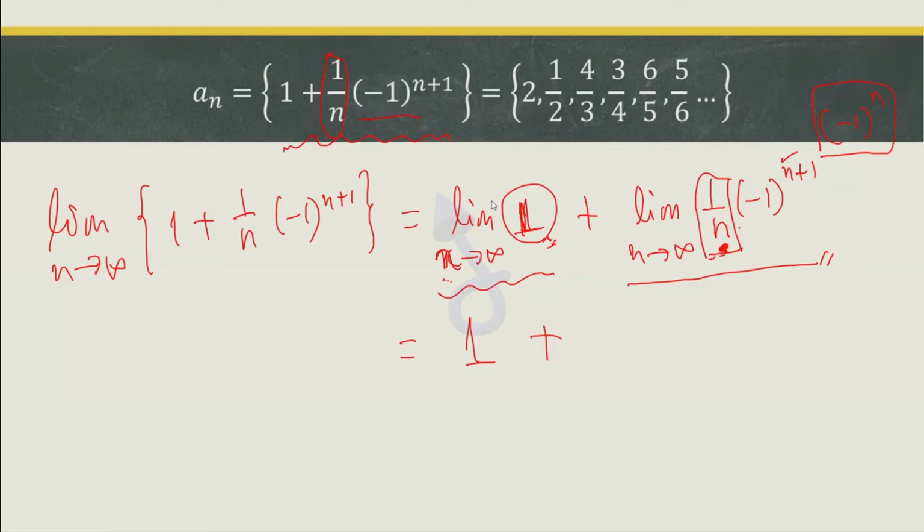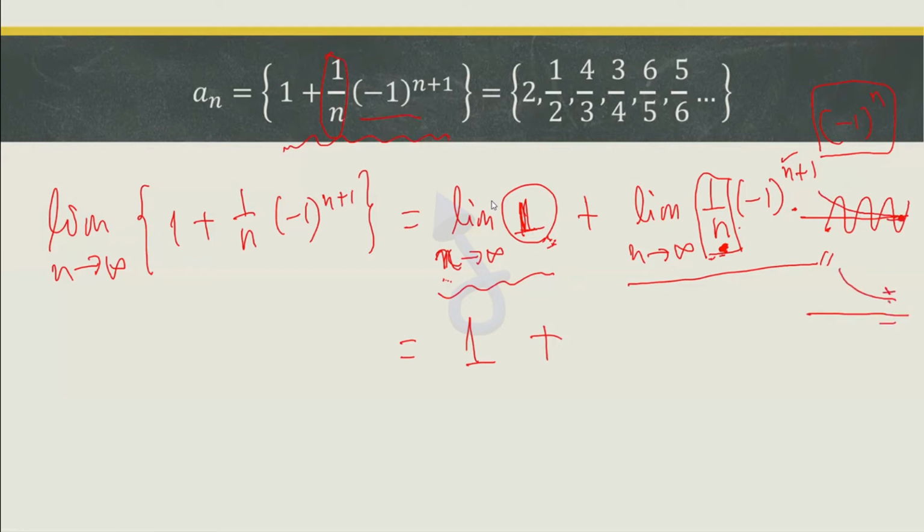If we have a number that fluctuates between -1 and 1, and we multiply it with a number that gets smaller and smaller, then what we get is actually another number that fluctuates between positive and negative values.